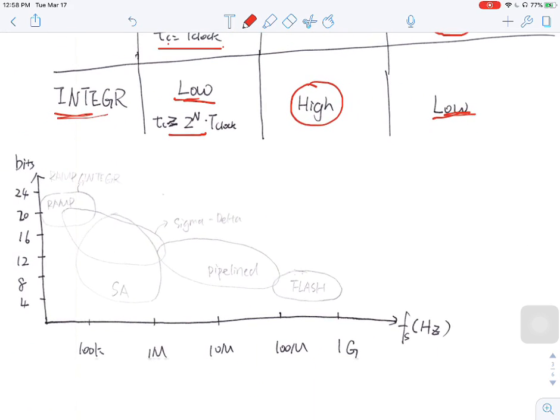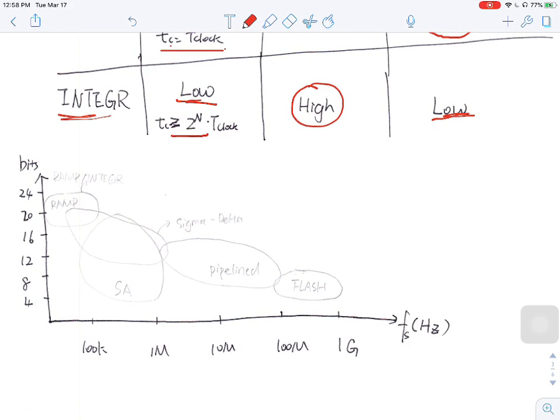And here is a chart to show how each type of ADC is mapped in terms of frequency, Fs, and bits.